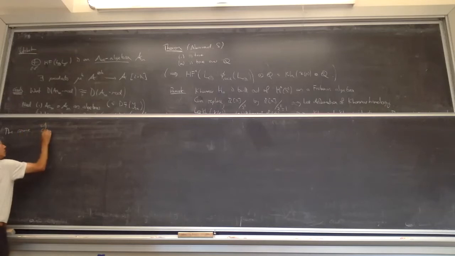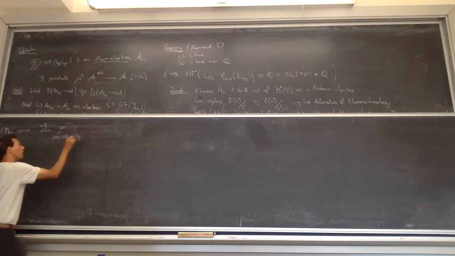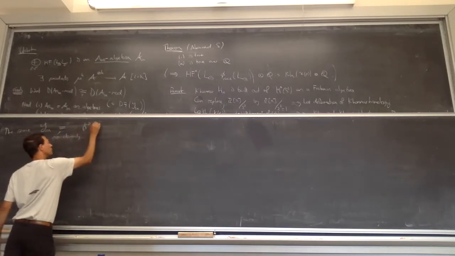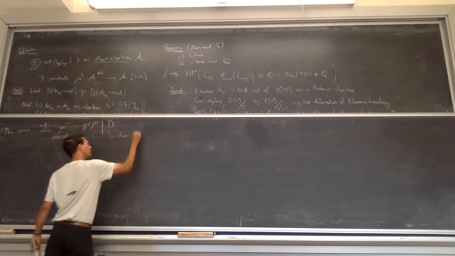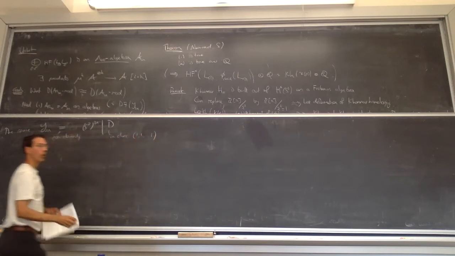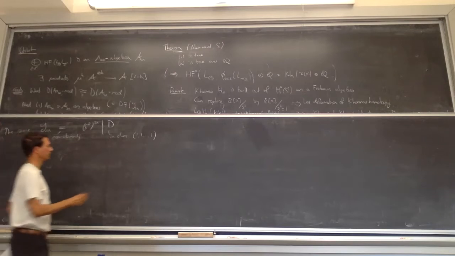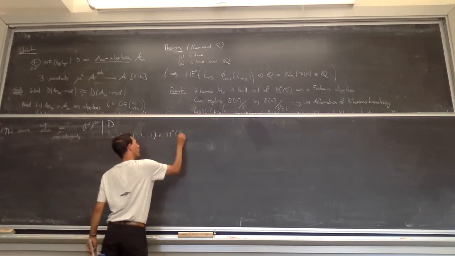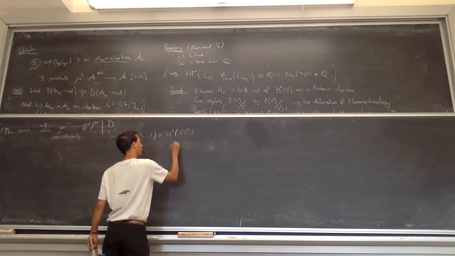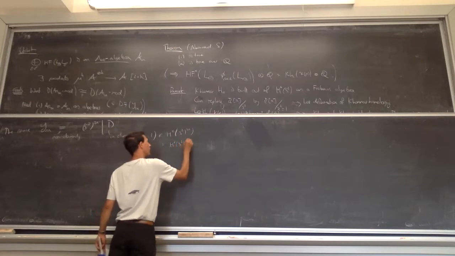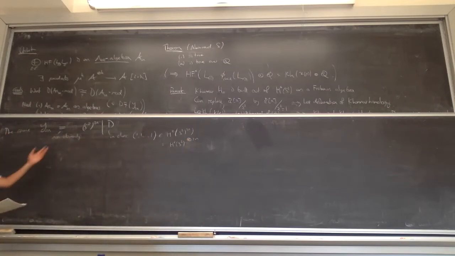The space Y_2n is non-obviously given by taking S2 to the 2n and removing a certain divisor. This divisor is in the class 1111 in H2. It's a rather singular irreducible divisor, not a smooth divisor.